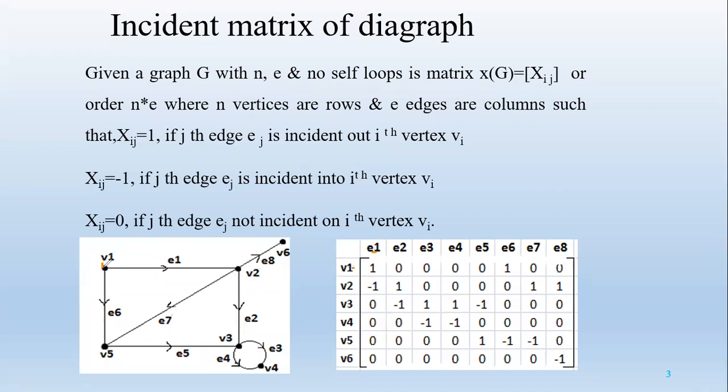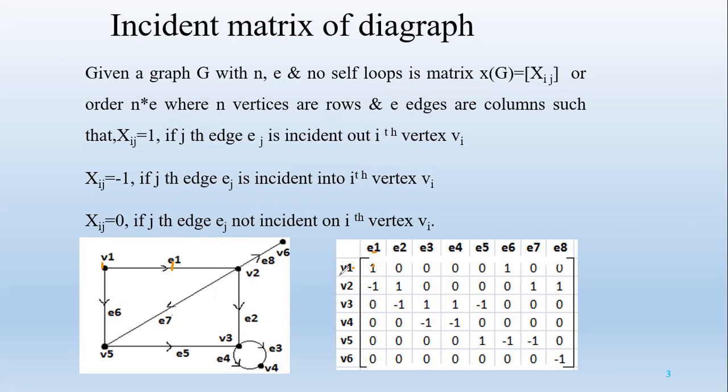Here V1, this is E1. Notice here, incident out of the ith vertex. V1 and E1 are incident, with the outside direction. Therefore, we can write 1.